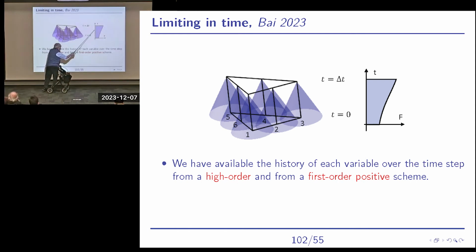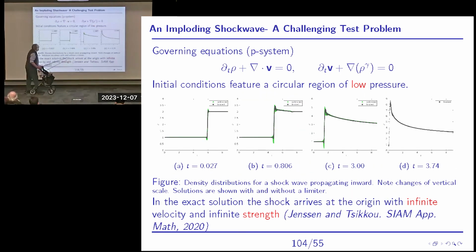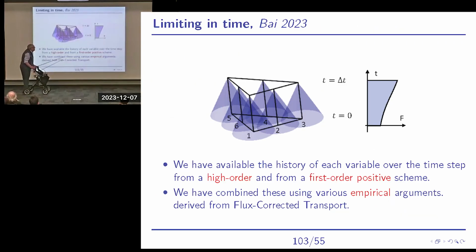So like this, you have a history of the solution against time. And we can make available that history from a high-order method and from a first-order positive scheme. If we then borrow an idea from flux-corrected transport, we can combine these to produce a limited scheme which eliminates the oscillations. And we applied this to what is actually a very difficult problem, which is an imploding shock wave.